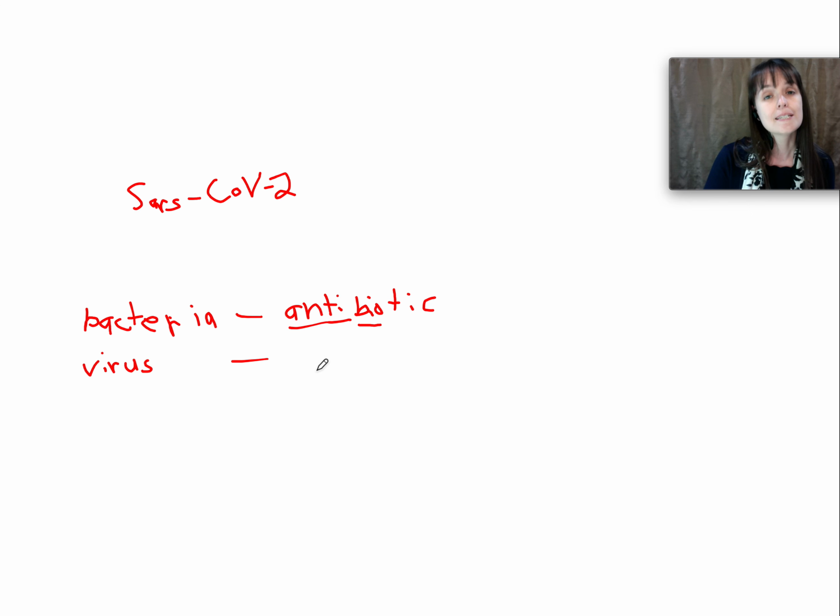And then what medicines do you take for viruses? We don't have any medicines that we have shown help with the COVID-19, which is the disease caused by the virus called SARS-CoV-2. The hydroxychloroquine, they have been doing testing. I'm recording this in May of 2020, in case you're curious why this is so out of date.